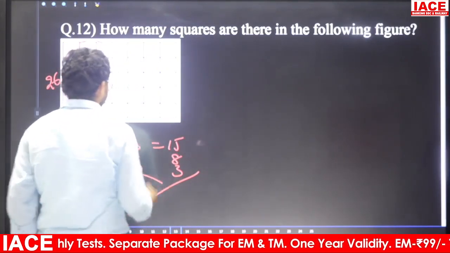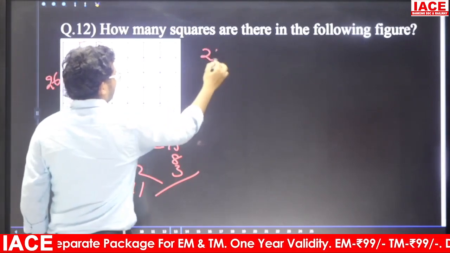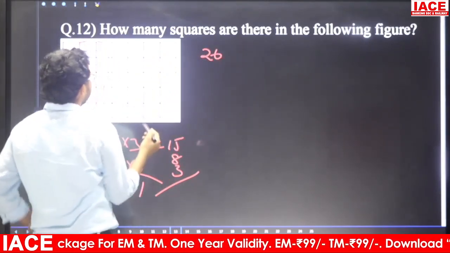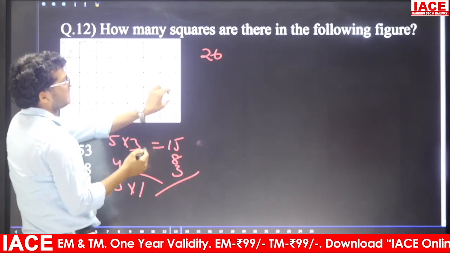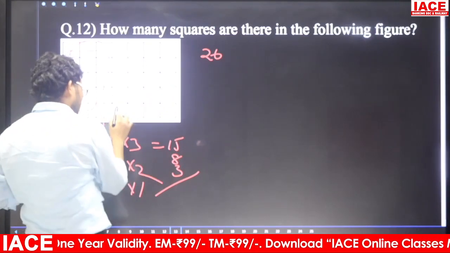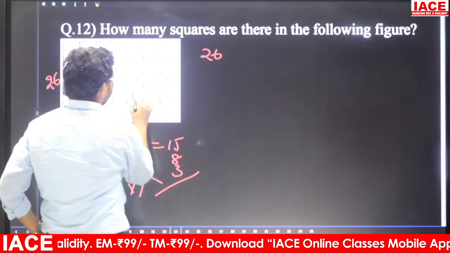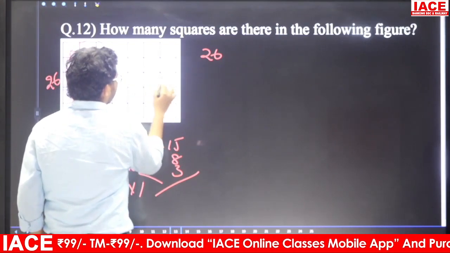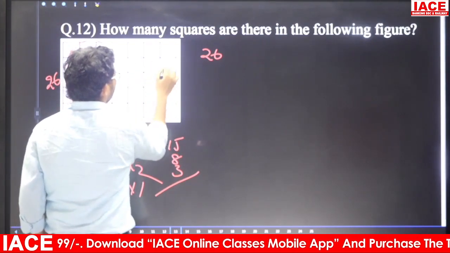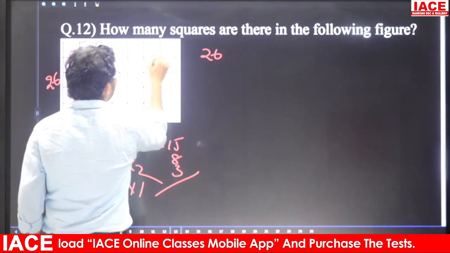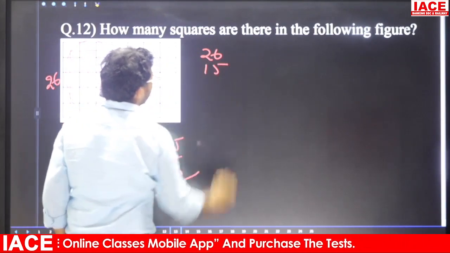Next, take the remaining part. Here don't apply the cancellation method, because some gaps are there. Now count: 1, 2, 3, up to 15. Here 15 is there.